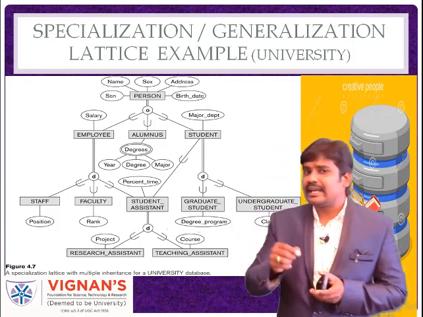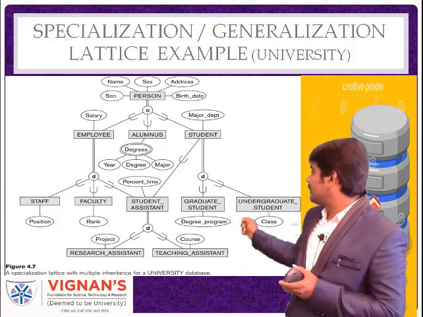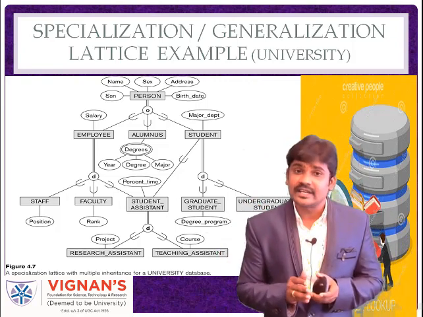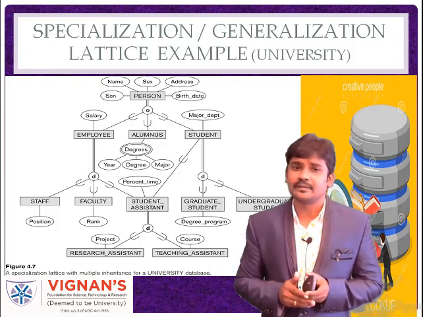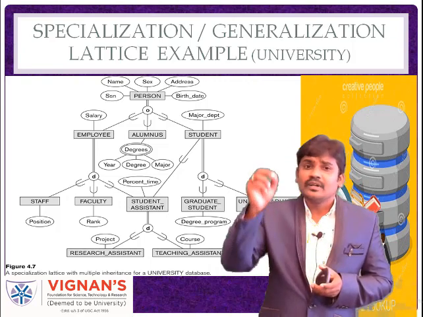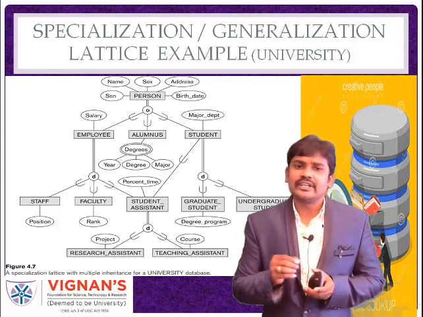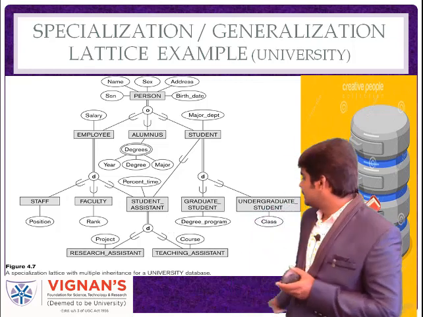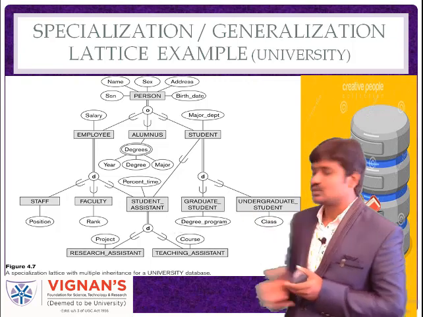Now the student assistant again derives two more subclasses: research assistant and teaching assistant, with disjoint total. Research assistant has the specific attribute project, and teaching assistant has the specific attribute course.